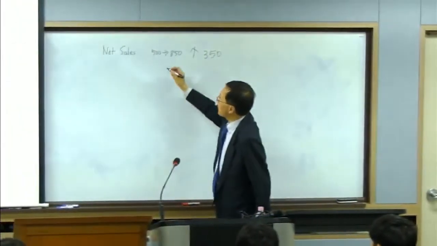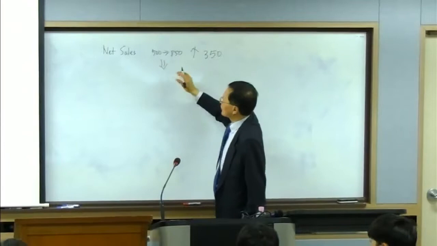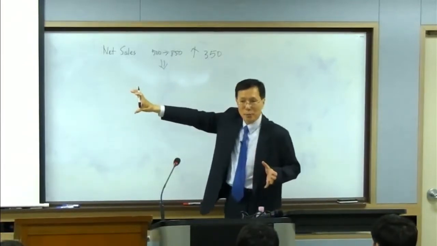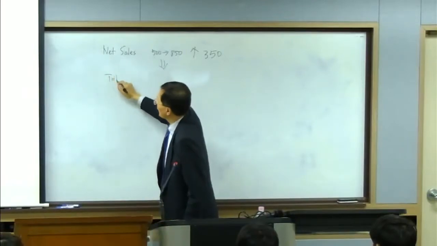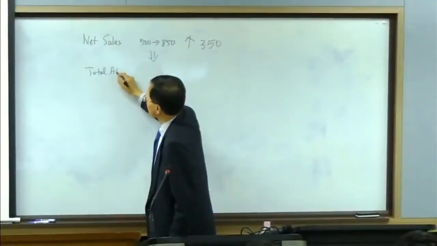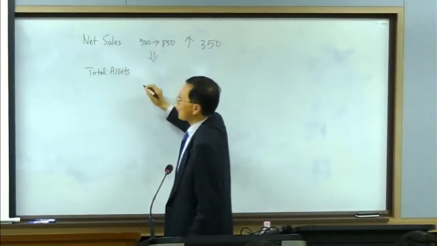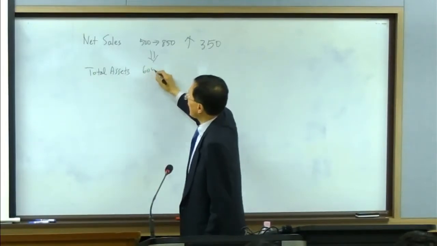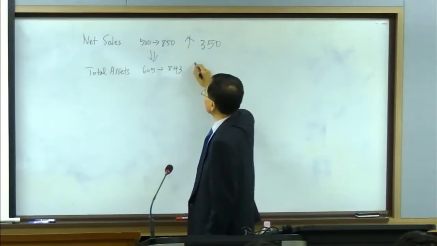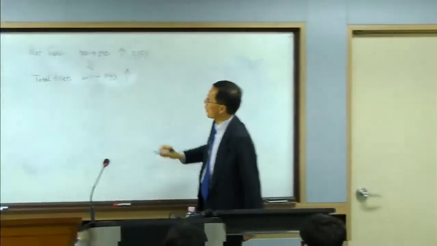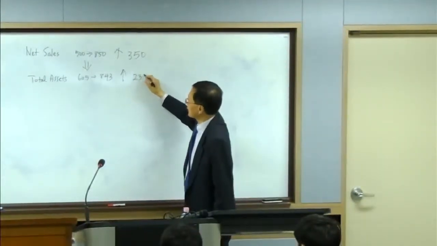And somehow, when you look at the pro forma balance sheet, the left-hand side, you see the total assets go up by 605 to 843. So total assets go up by 238.